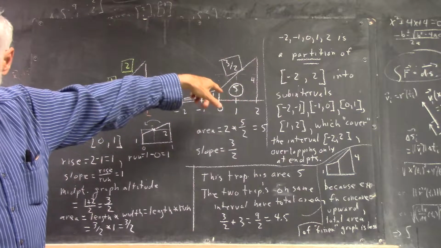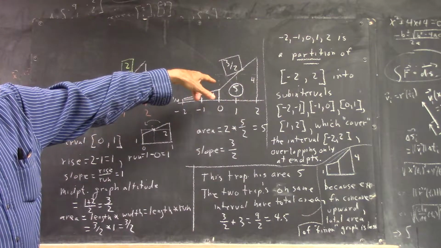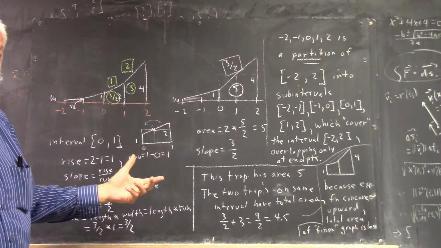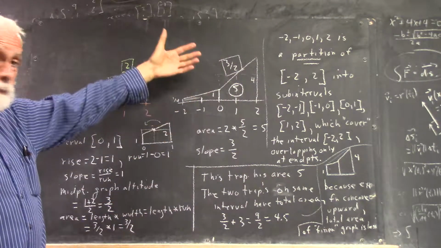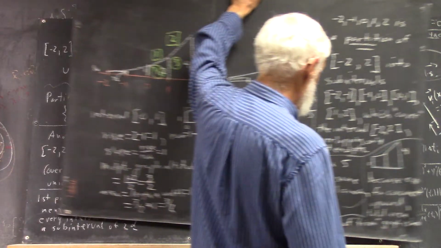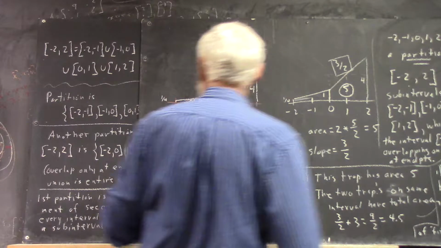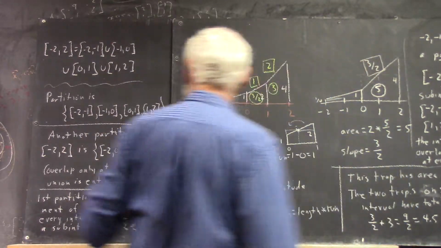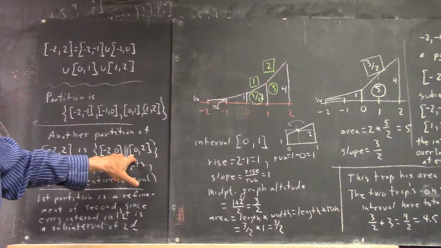done this with our trapezoids, right? Yes. What's our partition here? The partition corresponding to these trapezoids, well, actually, I probably should have left this here, is just this one, isn't it?